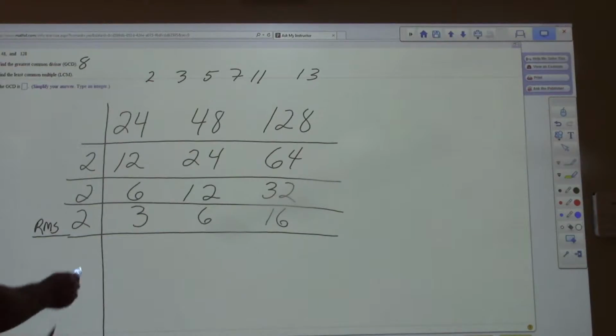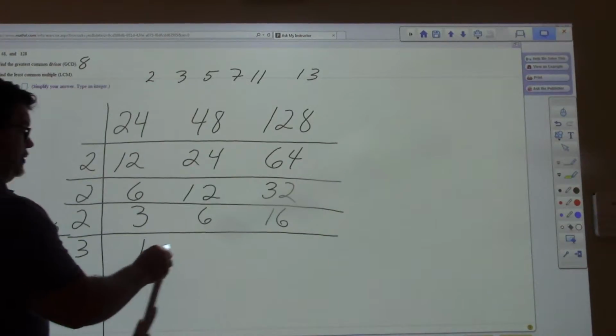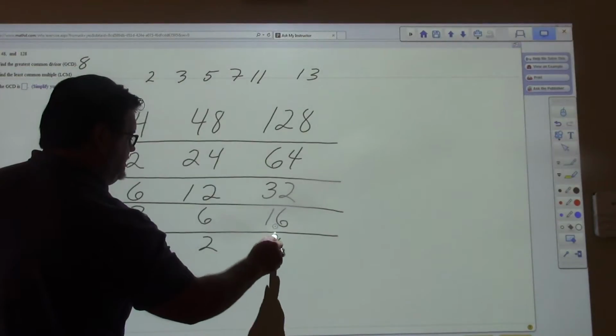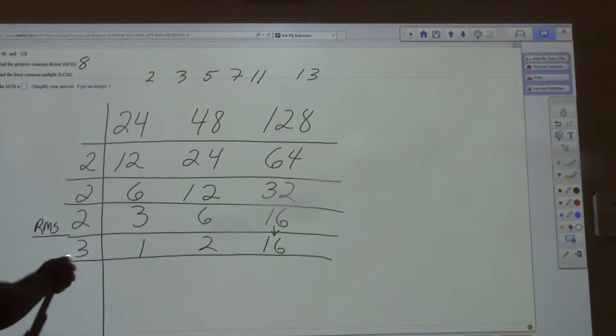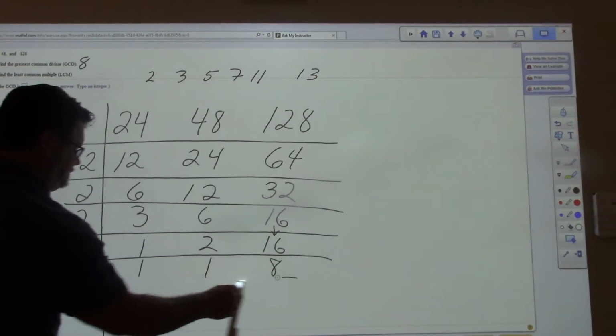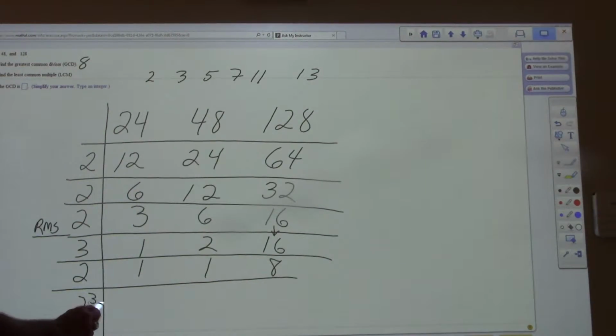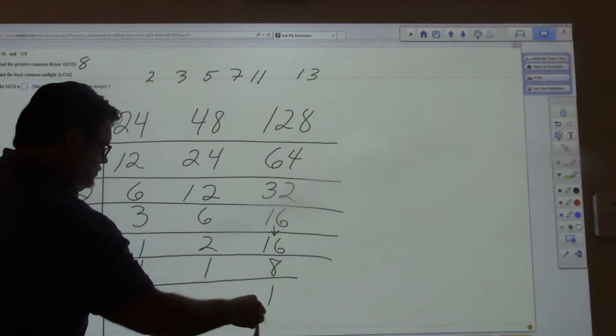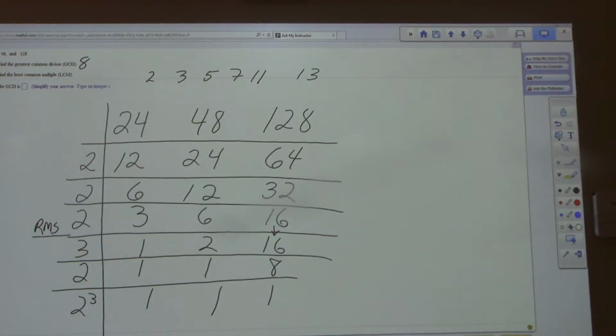And now we're going to take 3, 6, 16, divided by 2, gives 1, 2, 8 in the remaining factors. 2 to the third will give us 1, 1, 1. Again, I skipped a couple of steps because I was running out of room.